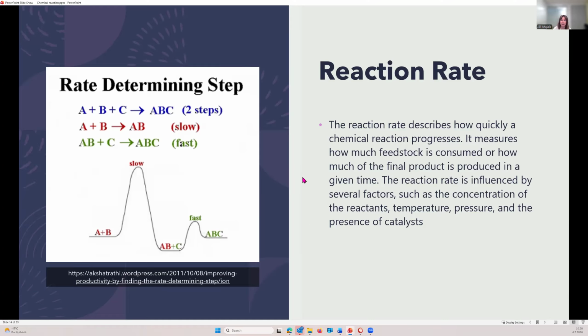If you have some really, really slow chemical reaction, you can't, of course, use it in any application. You have to do something to the slow step, add a catalyst or something. So some reaction might happen, but if it happens really slowly, it's not practical and you have to do something to it. Reaction rate describes that, how fast the reaction happens.